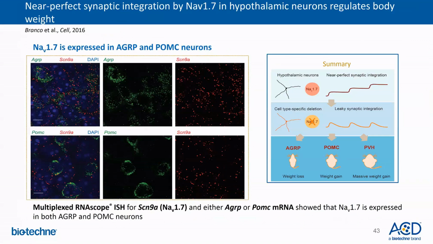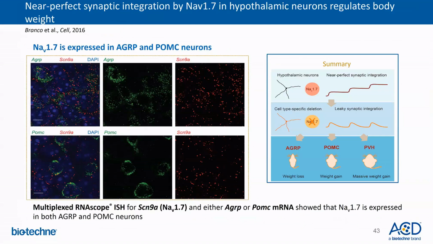In this study from Branco et al., published in Cell in 2016, the authors were looking at the expression of sodium gated channel in AGRP and POMC neurons and how that regulates body weight.